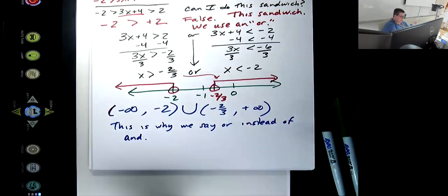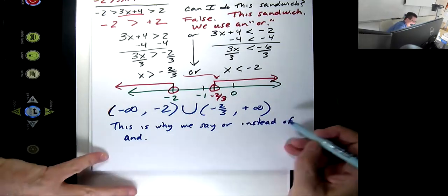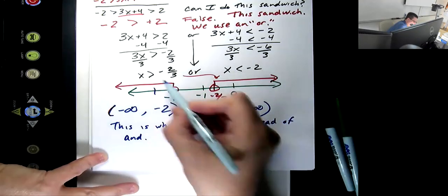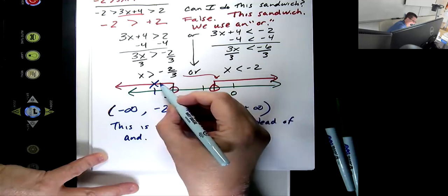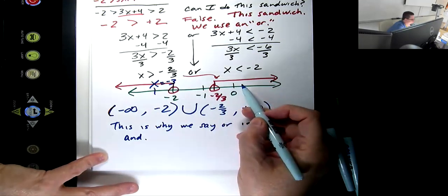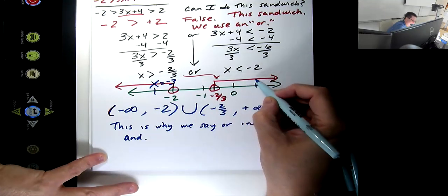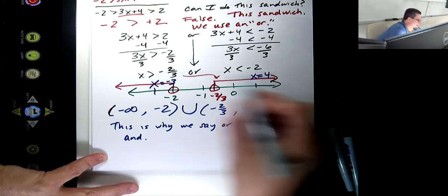If I have some value x, let's say x is somewhere over here, like -3, it's not in the other one. If x is positive 2 or 4, it's in this one, but not in the other one.